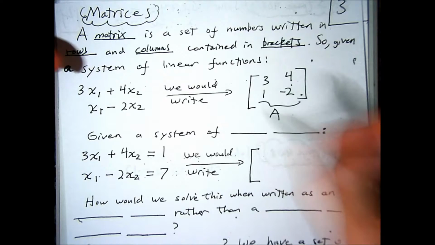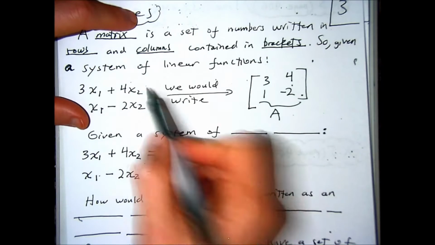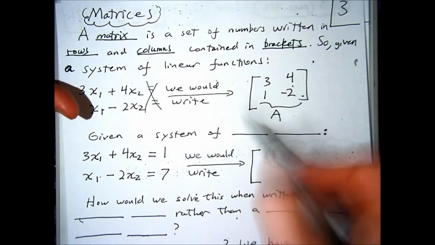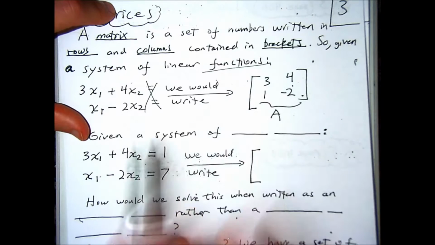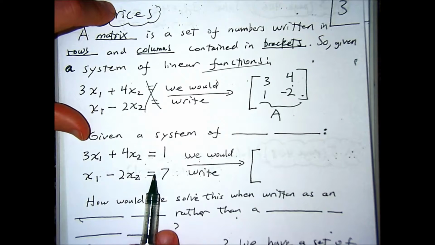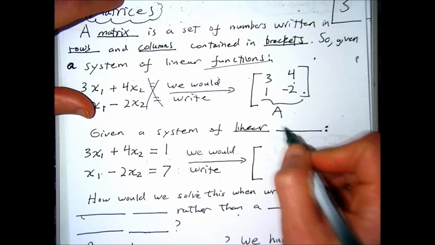You think of just the row and column without the equal sign. We're just worried about these coefficients. And this is why I'm saying a set of linear functions. Once I set them equal to something like here, then I would call it a system of linear equations.